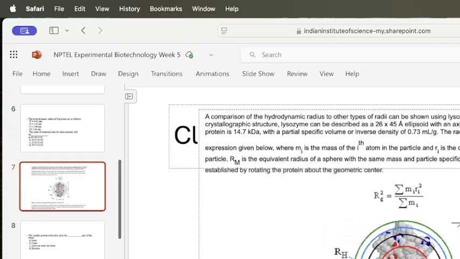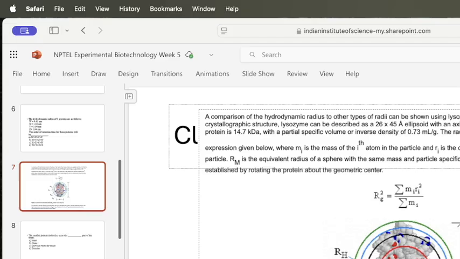Okay, what we see here is your radius of gyration is the summation of mass of the atom times the square of the distance from the center, divided by the summation of mass. So this would be an approximate sphere here.